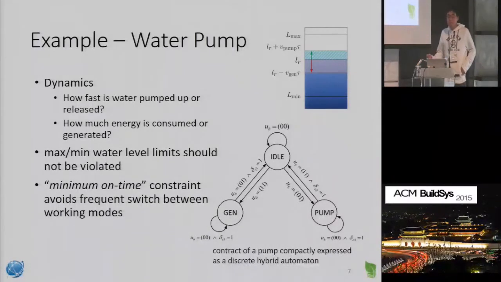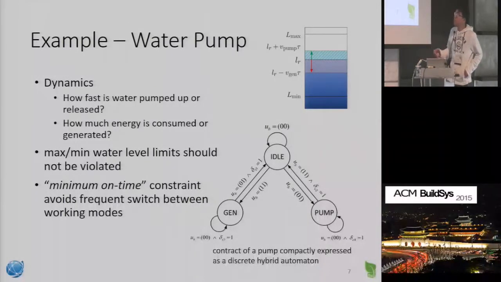So to specify this water pump, we need to know how fast the water is pumped up or released, and how much energy is consumed or generated in both cases. And also, there are several constraints, like the water level. The amount of water should never exceed its maximum and minimum.